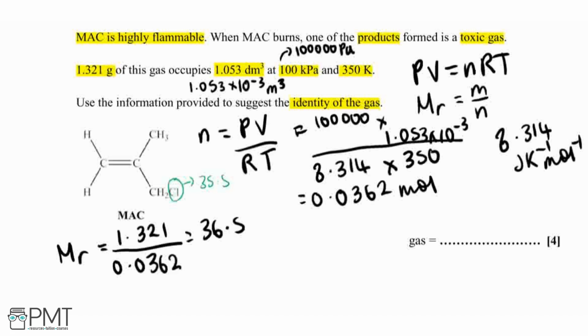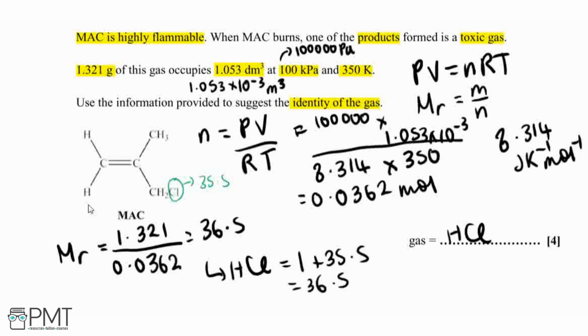And a toxic gas which we've come across before could be HCl. And this has a mass of 36.5 because it's 1 from the hydrogen plus our 35.5 from the chlorine, which gives us 36.5. And that would make sense because we've got a source of chlorine in our compound MAC. Therefore, our gas is going to be hydrogen chloride, HCl.